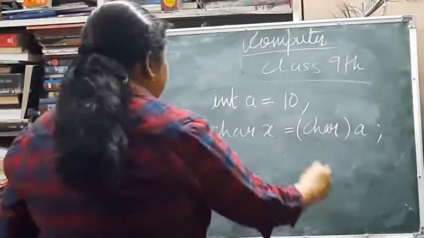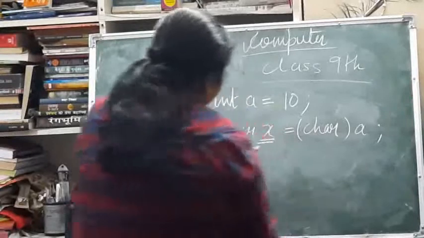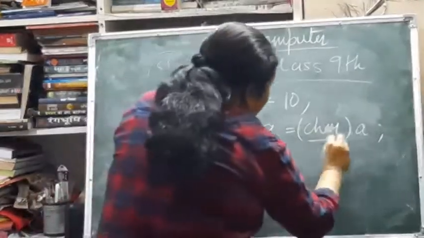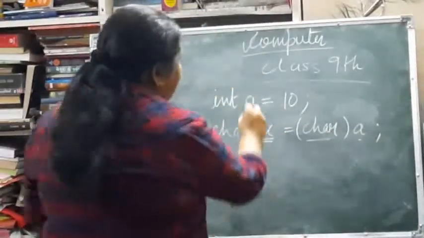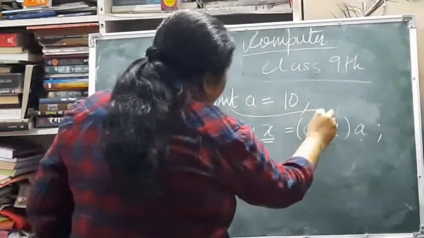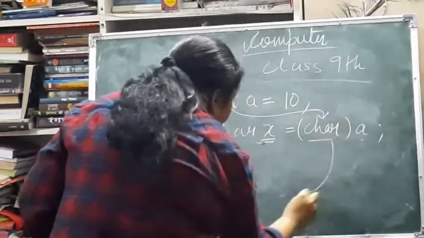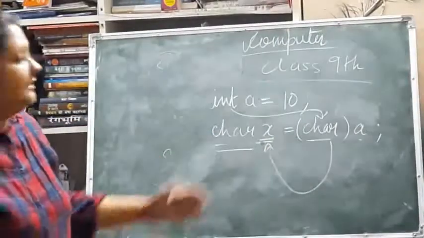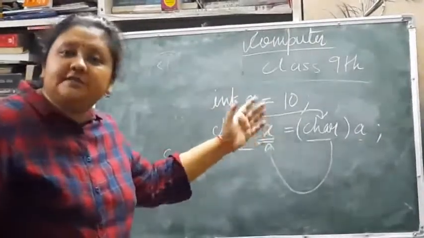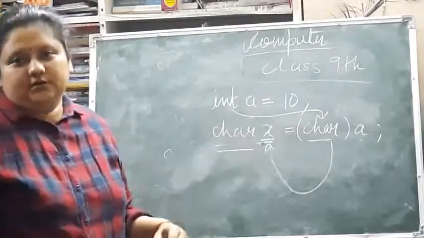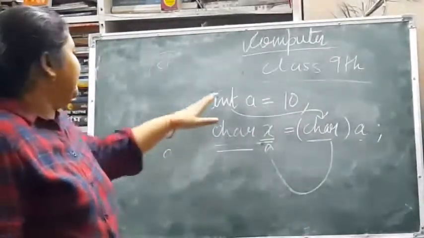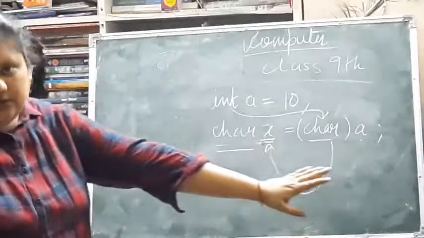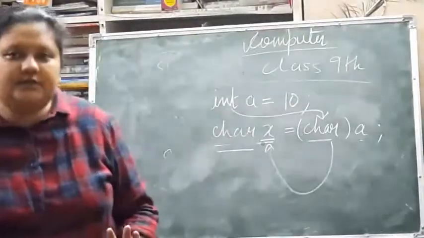Now this is the variable which is going to hold the character value of a. A was integer, I converted it to character and stored it in another variable which is already character type. This is how we do explicit type conversion. Integer and character have nothing to do with each other, but we have converted it so easily.